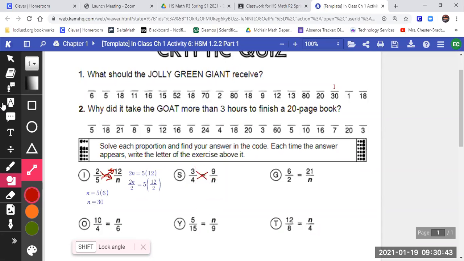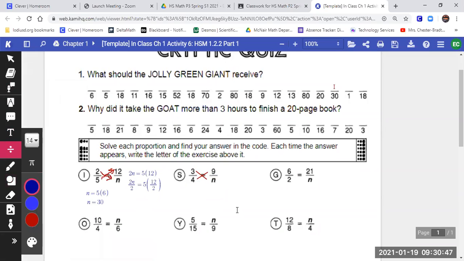Okay. Equation. I'm going to start up here. So I'm going to do my 3 times my n has to equal my 4 times my 9. I'm not solving them. I'm just putting them in the formula. Okay?